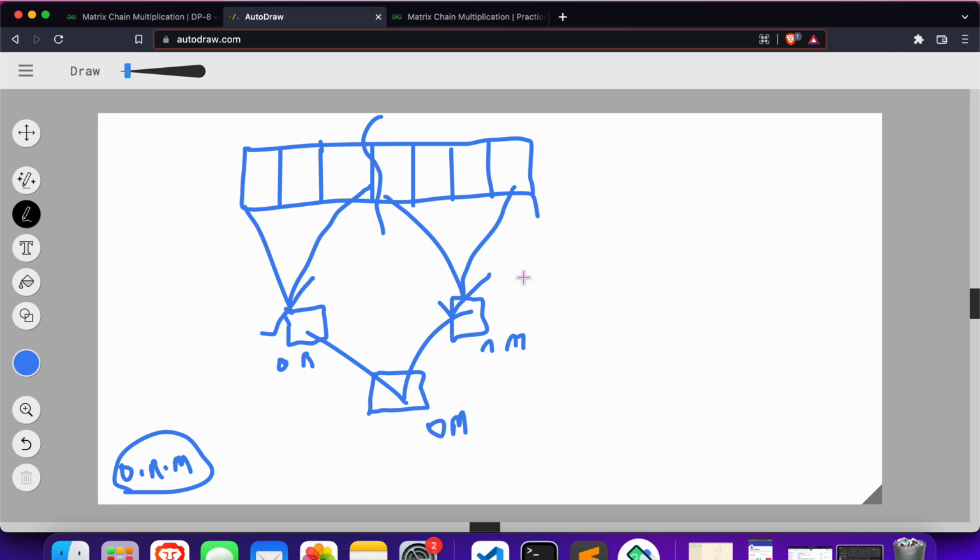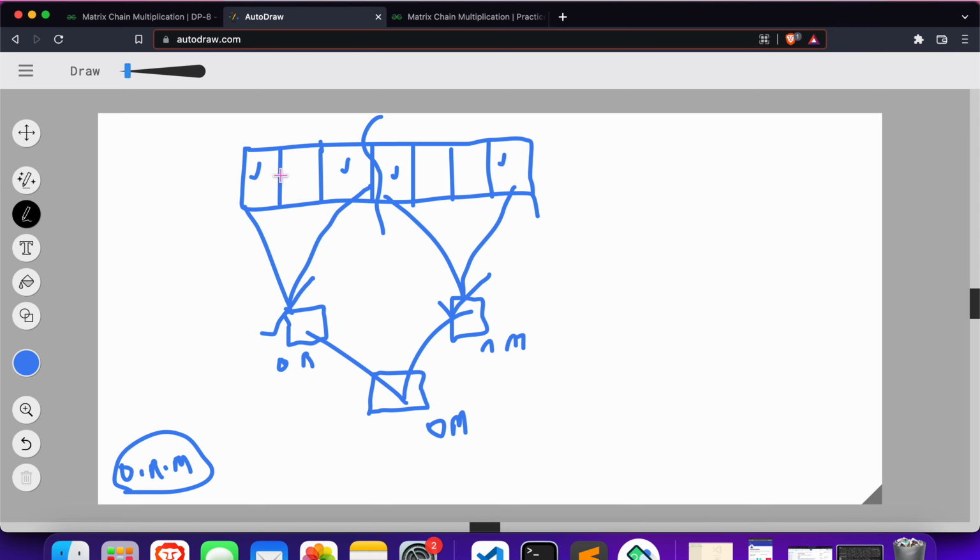So one more thing to note here is, this O×N, if we are combining all the three matrices here, then the order of this matrix will be this matrix row into this matrix column, right? Why?